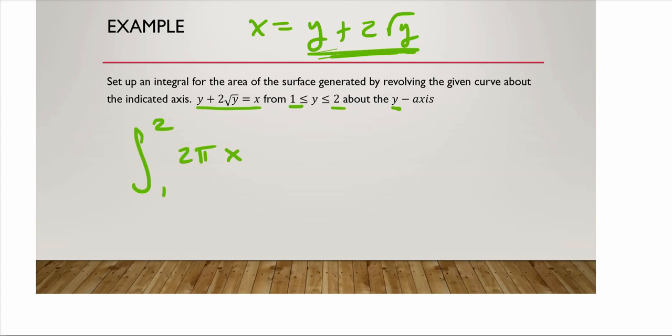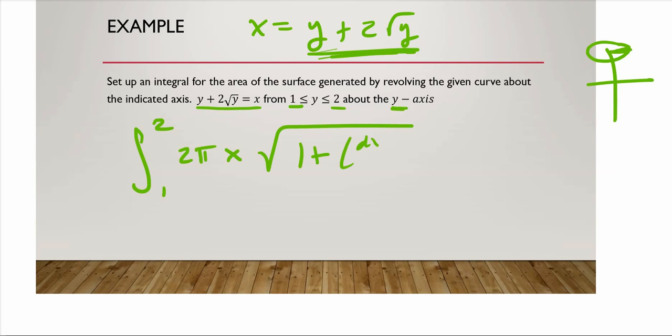Now remember, we're actually doing it with the opposite letter, because when I go around the y-axis, my radius is really going to be an x value. All right, so 2 pi x, the square root of 1 plus dx dy squared dy. So all we have to do now is make sure that everything's in terms of y.